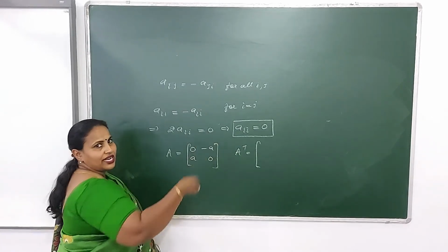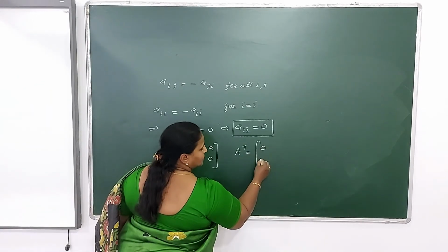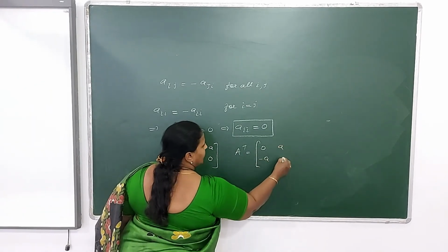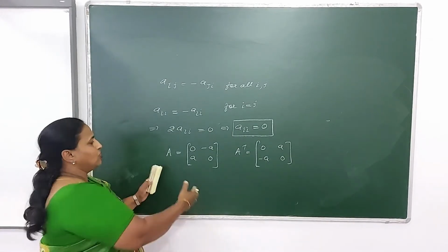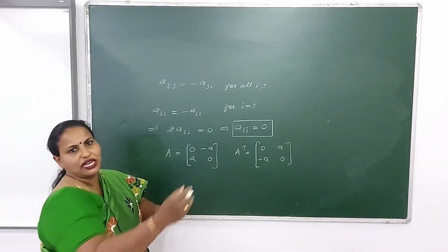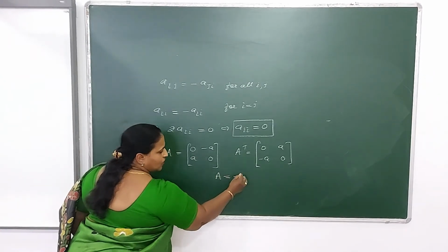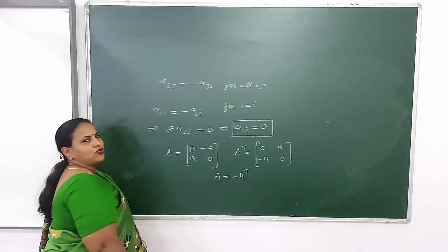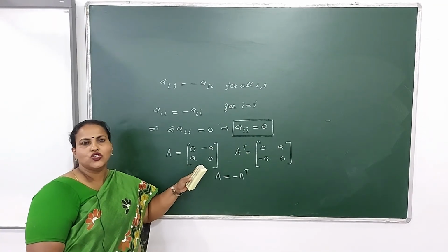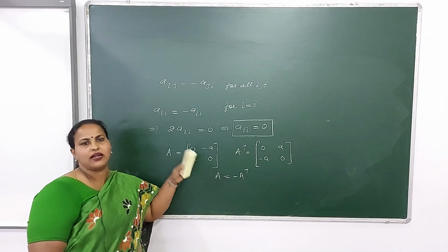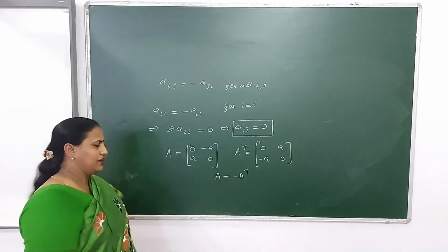The first row write it as first column, second row write it as second column. So it's 0, minus a; a, 0 transposed. See both the matrices are the same, only the difference is with the minus sign. So by this you can conclude that A is equal to minus of A transpose. So this is an example of skew symmetric matrix.